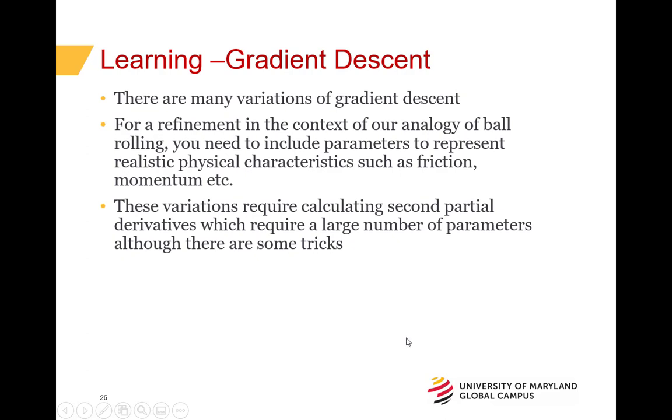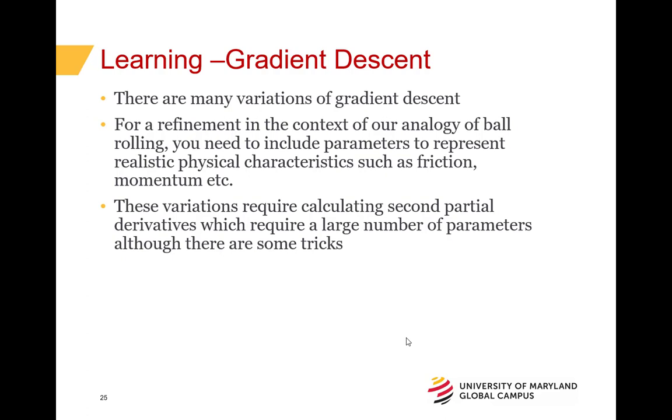Now, I think throughout the discussion I mentioned that there are other variations of gradient descent, which you will deal with in DATA 640, when you learn about deep learning. We only covered here the perceptron and sigmoid. There are other activation functions and variations of gradient descent that are used.